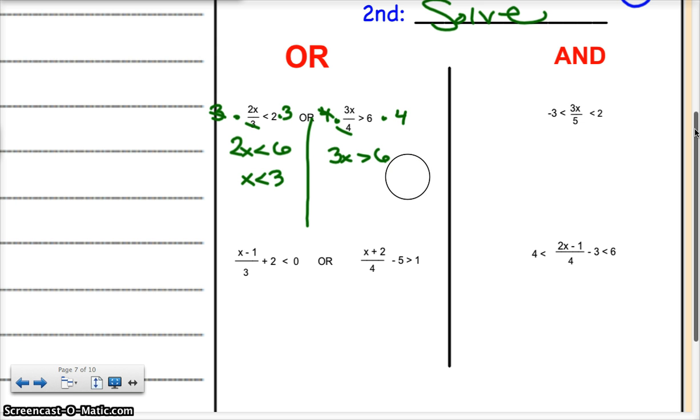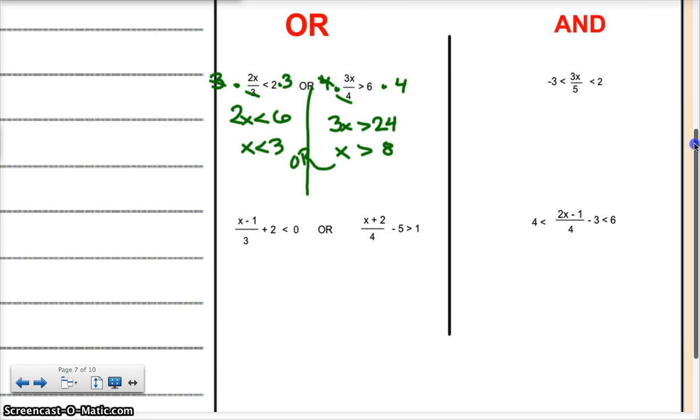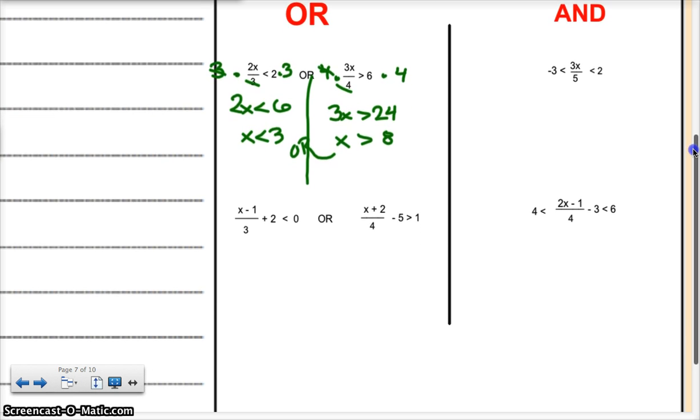Just kidding, 24. x is bigger than 8, and this is an OR. Again, you're welcome to do the reciprocal, but it can really stress some kids out. So the other little trick is to multiply through by that denominator right away.